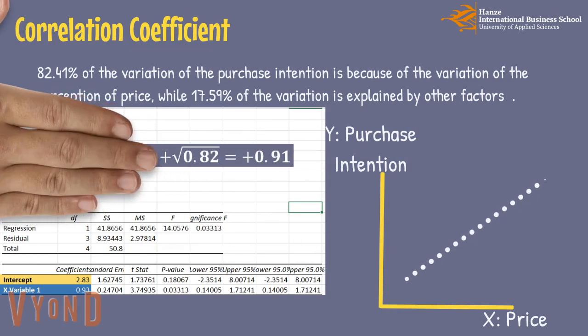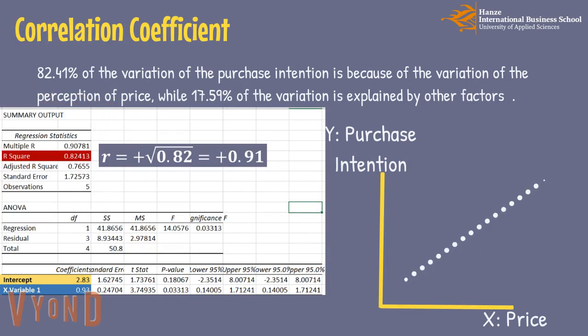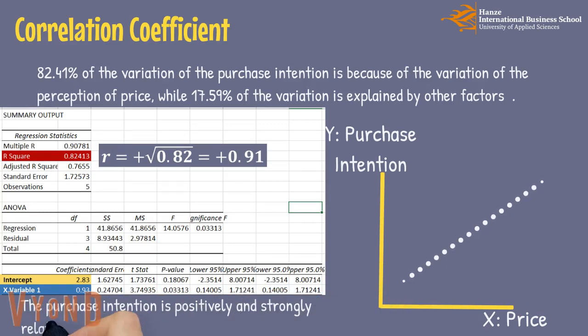And looking into the R, which is plus 0.91, it shows the purchase intention is positively and strongly related with the perception of the price.